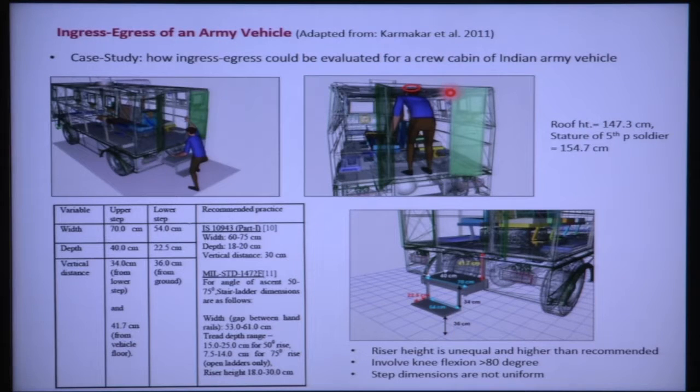So, following this virtual ergonomic evaluation of the existing CAD model, it was clearly identified what the problems in the existing design are and how those can be overcome by design solutions.